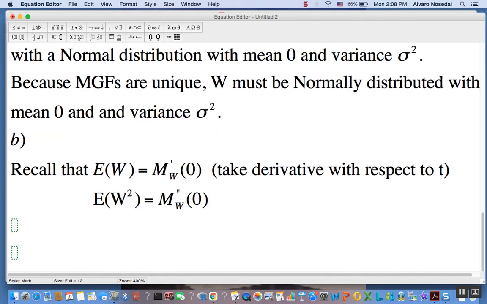Okay, and finally, remember that there's an alternative way of finding the variance of a random variable, right? Not just the definition. We could find it in terms of expected values like this, right?